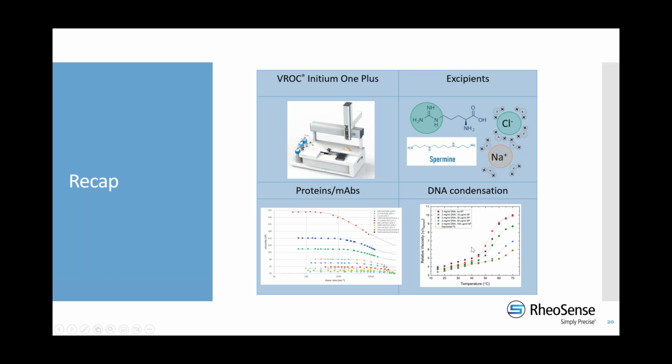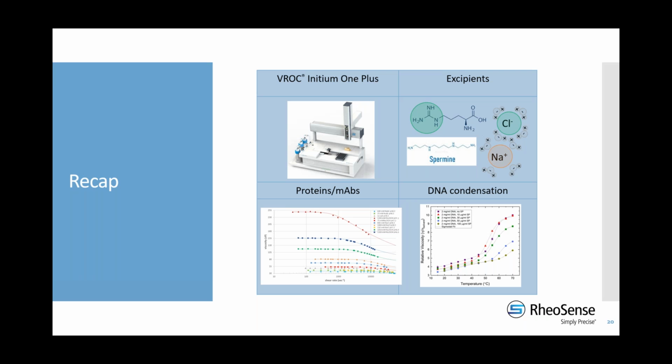It allows us to perform temperature sweep experiments with high accuracy and reliability using a small volume of sample, which is an ideal feature since we are dealing with biological samples. We used different types of salts and amino acids as excipients added to proteins, and spermine and ethanol for DNA samples to see how they change the structure and rheological properties of these biological molecules.